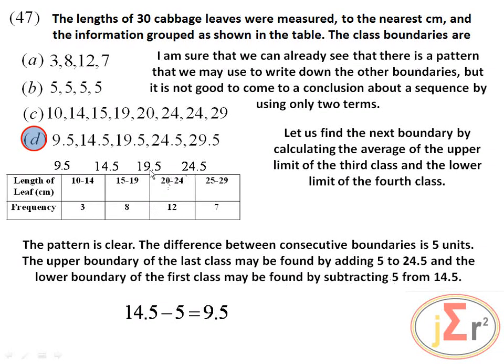So if we are going up 19.5, 24.5, we add another 5. If we are going down 24.5, 19.5, 14.5, we subtract another 5. And that is how we arrive at this one. We imagine that we have a sequence continuing like that. And the upper one will be found by just adding 5 to this one.